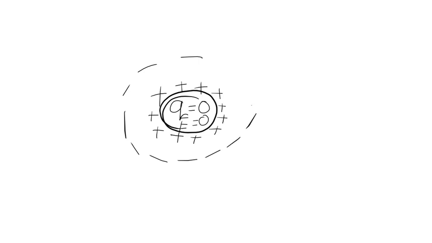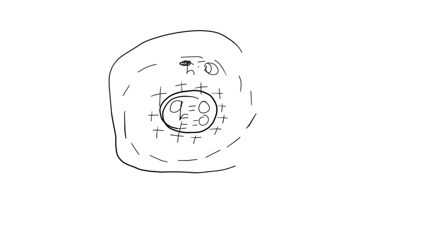If there are no charges, then the electric field is also zero. Am I right or not? The charges are outside the surface, outside the cavity, like this. If you consider a Gaussian surface like this, whatever the charge inside is zero, so the electric field is also zero.